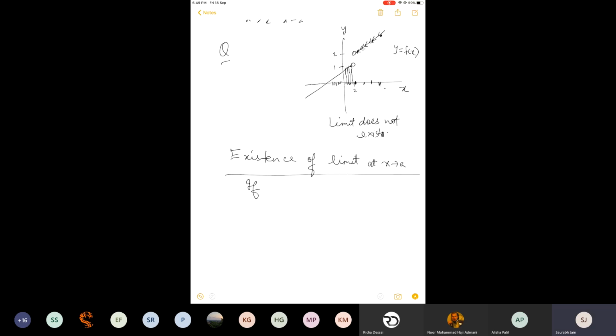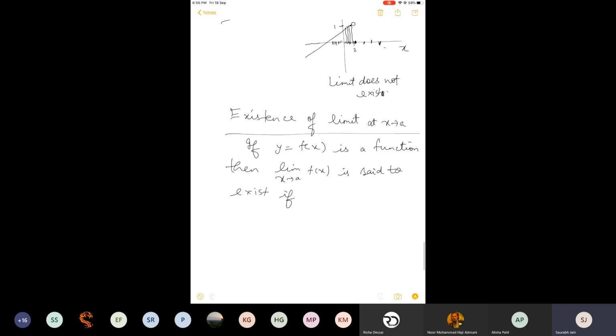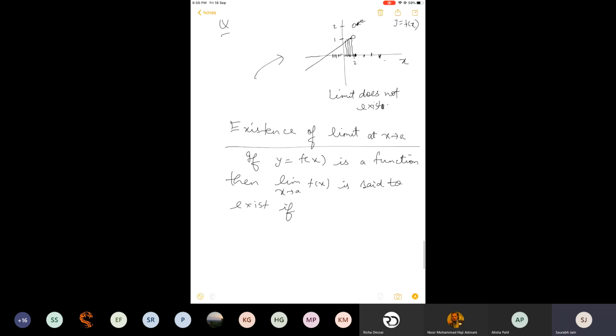So if y equals f(x) is a function, then limit x tending to a of f(x), that means x is approaching some number, because of that f(x) is approaching some value, is said to exist if, whatever I have explained here, if left hand limit is equal to right hand limit is equal to a finite quantity, and this finite quantity is the value of limit.